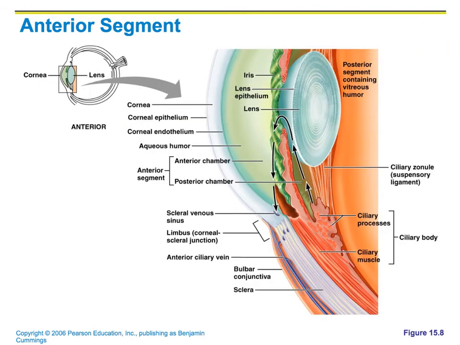So you can see, if you follow the arrows here, how the aqueous humor is produced, washes across the front of the lens, and drains via this canal. Speaking of the anatomy, you get a really good look here of some of the things you might have to label on a diagram: the lens, the suspensory ligaments, and the ciliary body, for example.